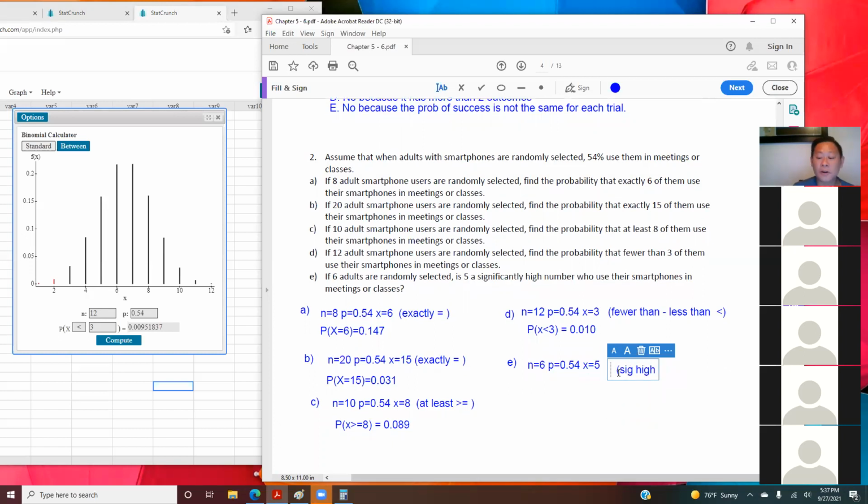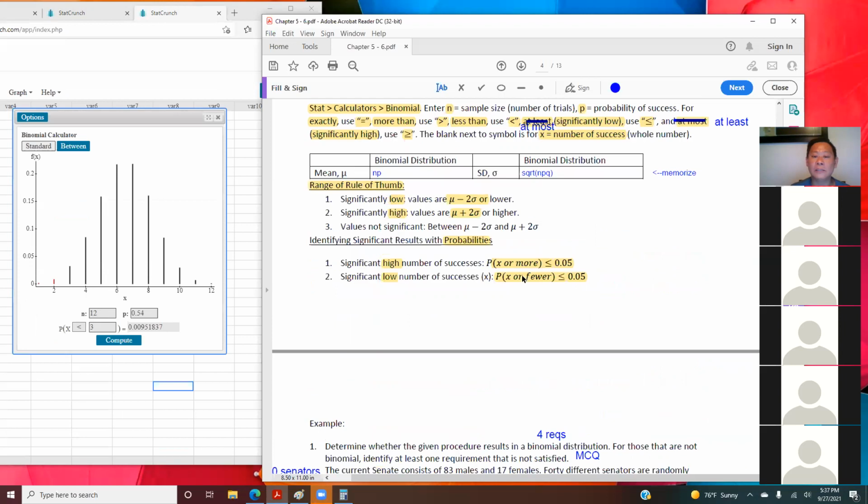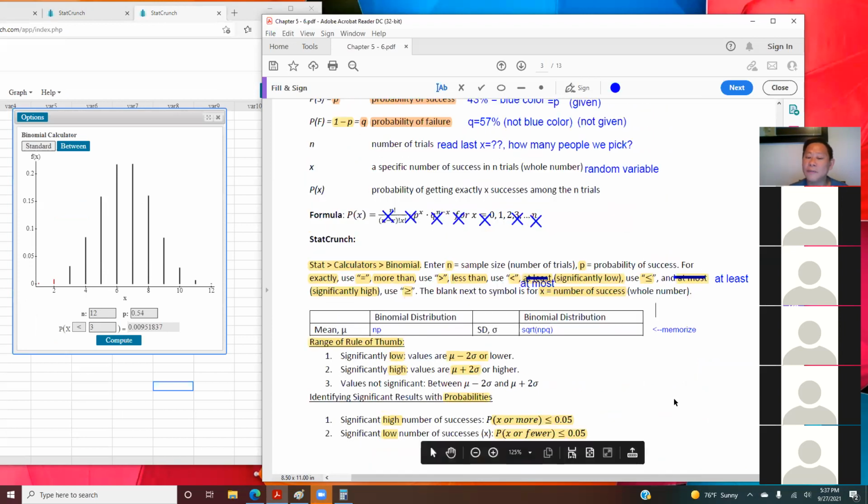So which one is significantly high? Which symbol: greater than, equal, or greater than or equal to? This one, right? So we're going to use it.